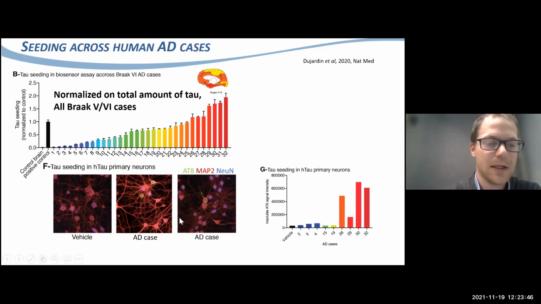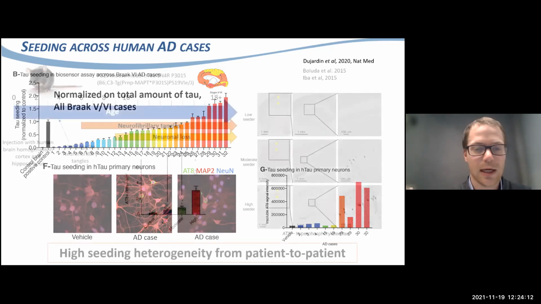Especially a seeding assay using primary neurons, where after 2 weeks of incubation with brain homogenate, you can see neurofibrillary tangles forming inside the cells. So these cases here were very much in line with what we saw in the second assay.